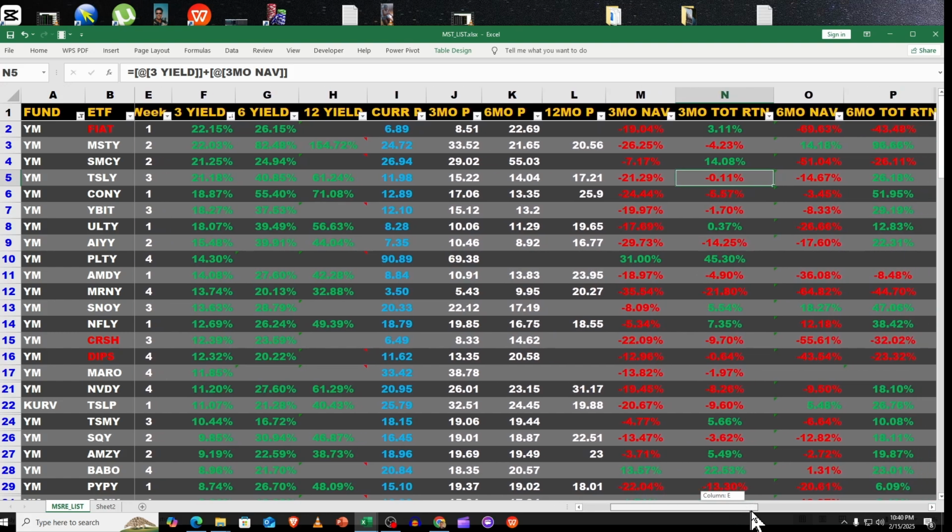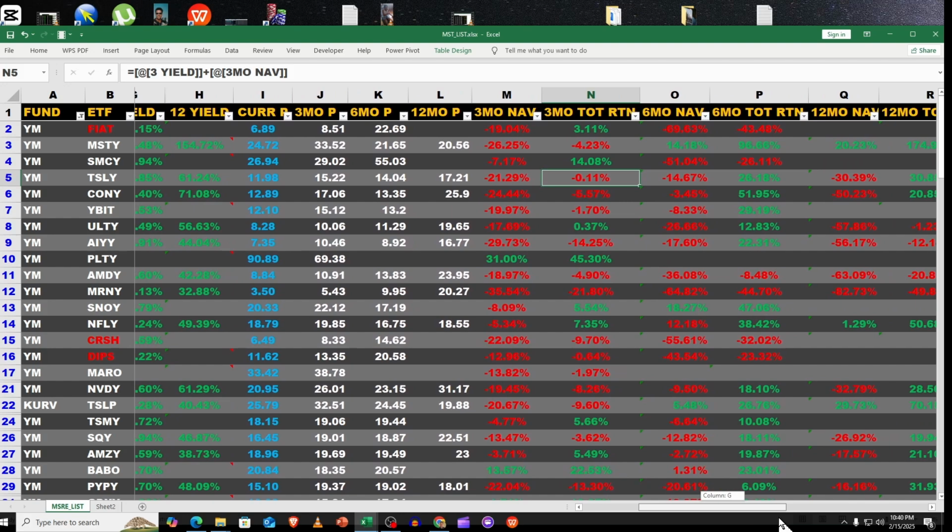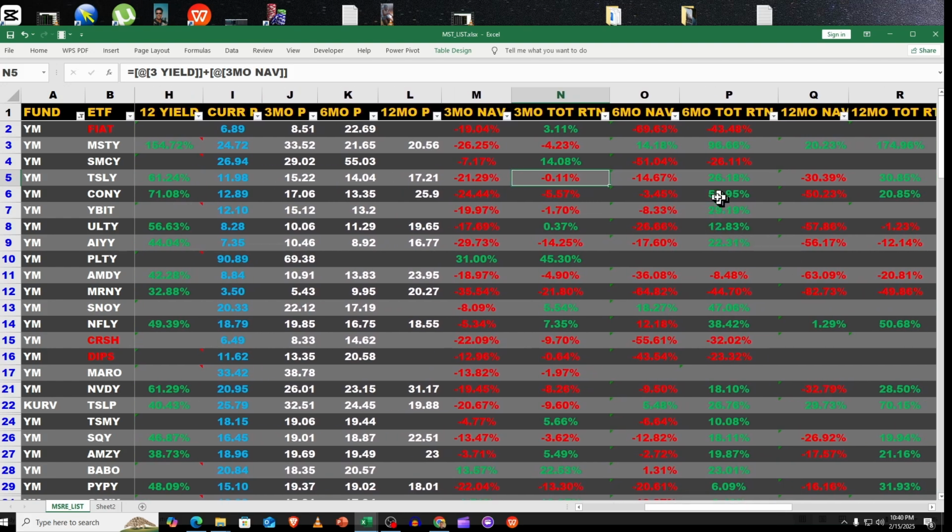But let's go to the 6 month scenario for those guys, right? Here's a 6 month total return. Tesla's doing well. It lost 14% on its NAV, but with its high yield, right, it's getting up there to 26.18. And look at this, 26.76. We're positive on the NAV because we have to be, because I say Curve doesn't pay as much, right?